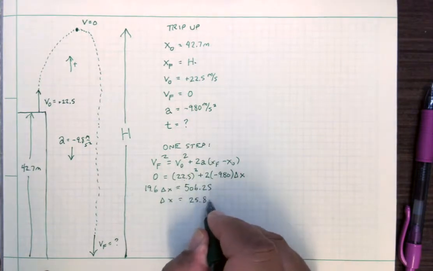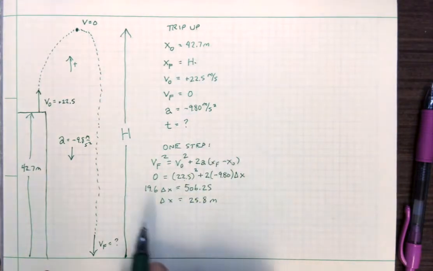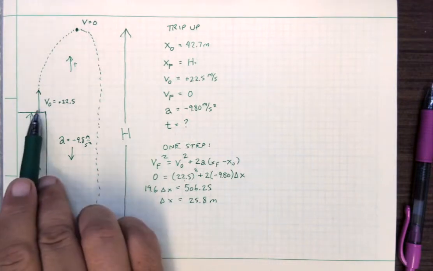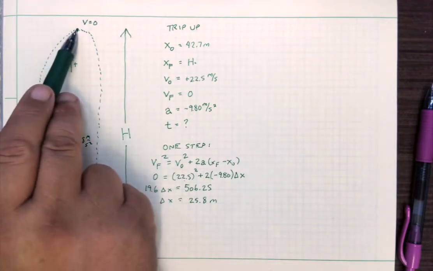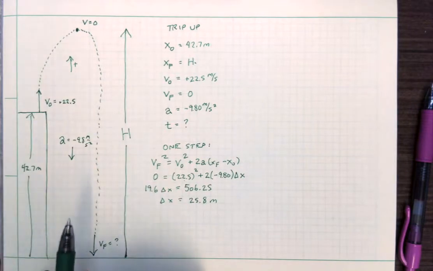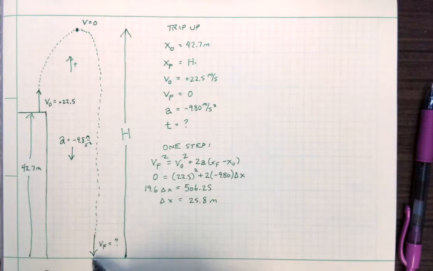25.8 meters. Notice, though, that's the change in position from the top of the cliff to the highest point. We are specifically asked for the height above the valley. Right?